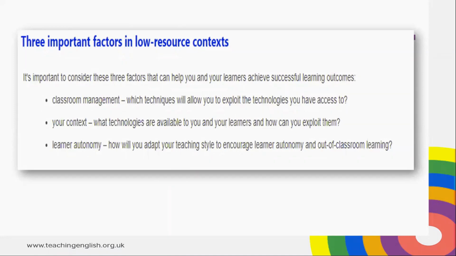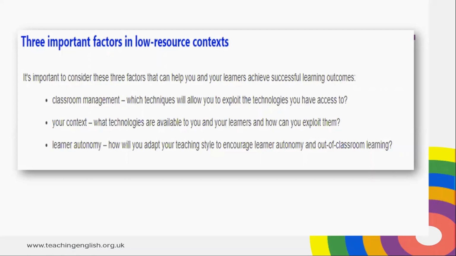The second factor is how much you understand your context or the content that you're teaching, as well as how to use it with technology and how to exploit the technologies that you have with your learners. The third factor is the learner autonomy, or how far you allow your learners to depend on themselves and to use these technologies outside the classroom. So there are three important factors we need to think about when we talk about a low resource context.